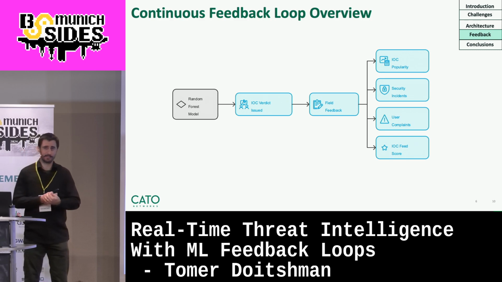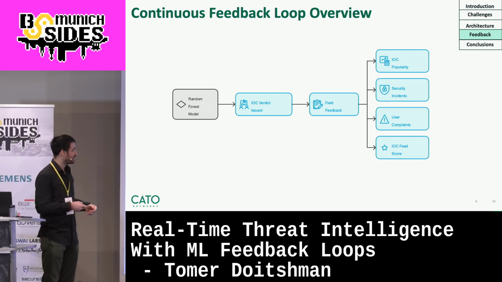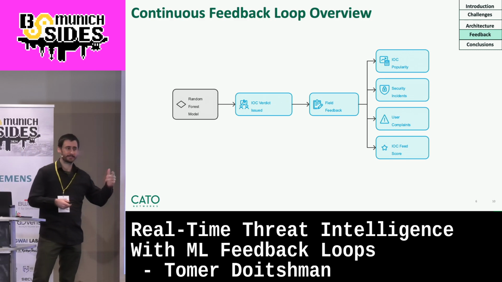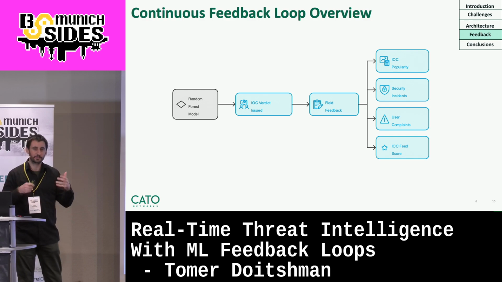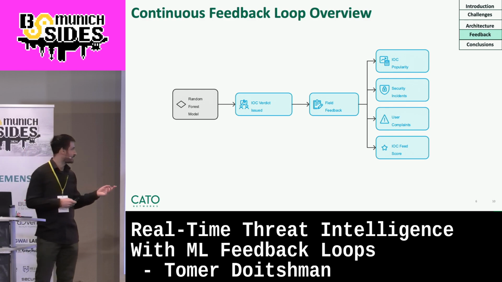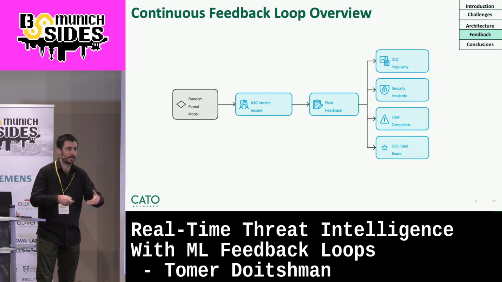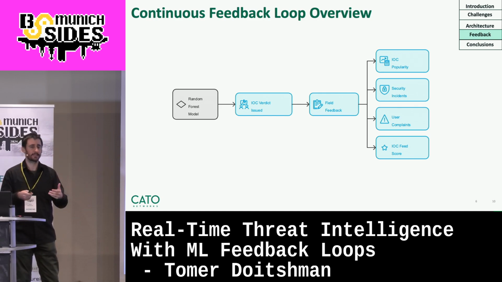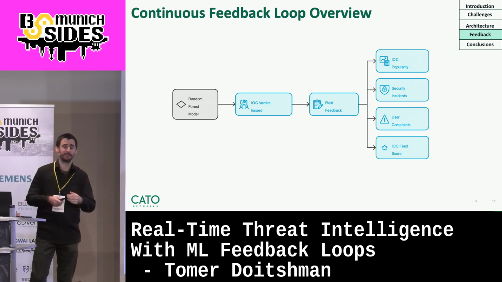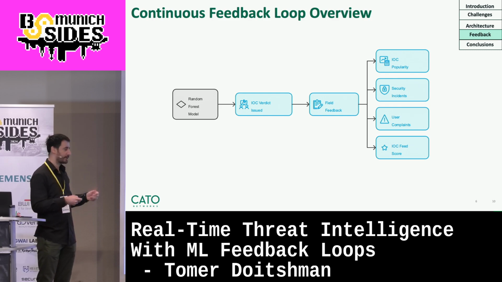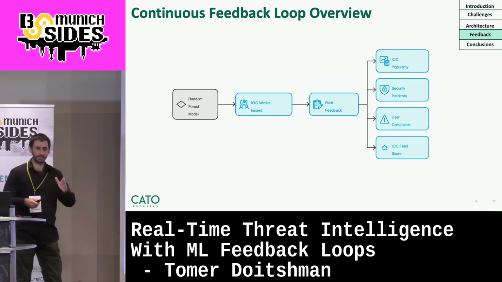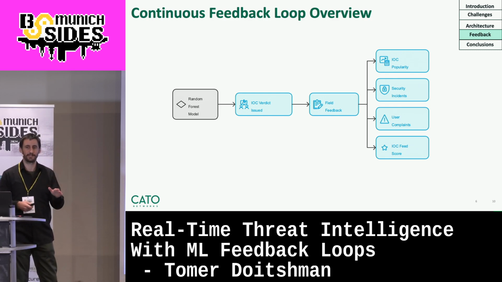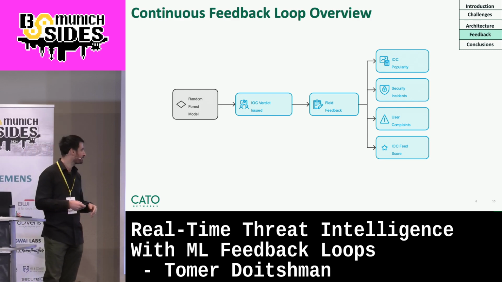How many security incidents did we find with this IOC? Security incidents contain much more than just popularity; they contain actual exploitation attempts. So if we see that this IOC was involved in many exploitation attempts, we get a green light that maybe we are in the right direction and this IOC should continue to be blocked.